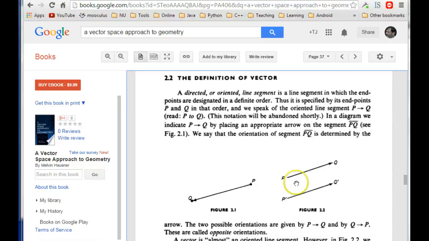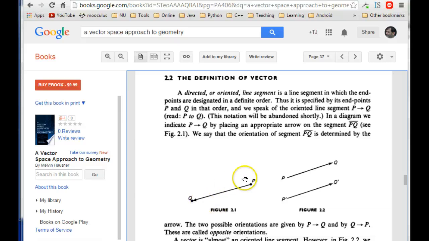In typical Euclidean geometry that you get in high school, this picture means we start here and go off forever in this direction. But that's not what a directed line segment is. A line segment begins at a particular point and ends at a particular point. What makes it directed is that it starts at P and goes to Q.